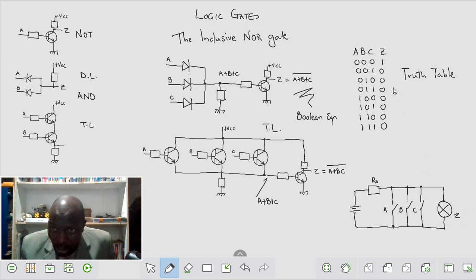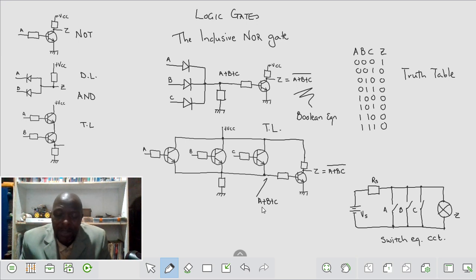When you shunt out our output, it cannot go on. All right. So this here will be our supply, and this is what we call the switch equivalent circuit of an inclusive NOR gate.